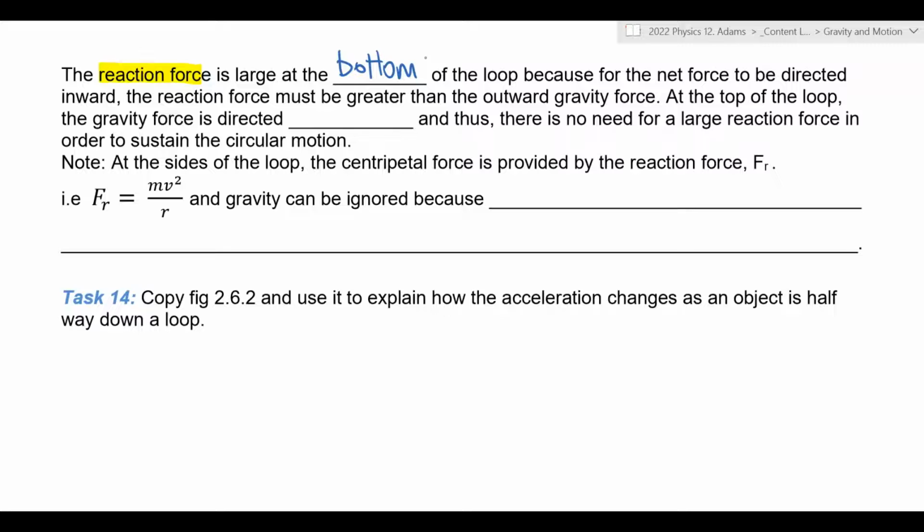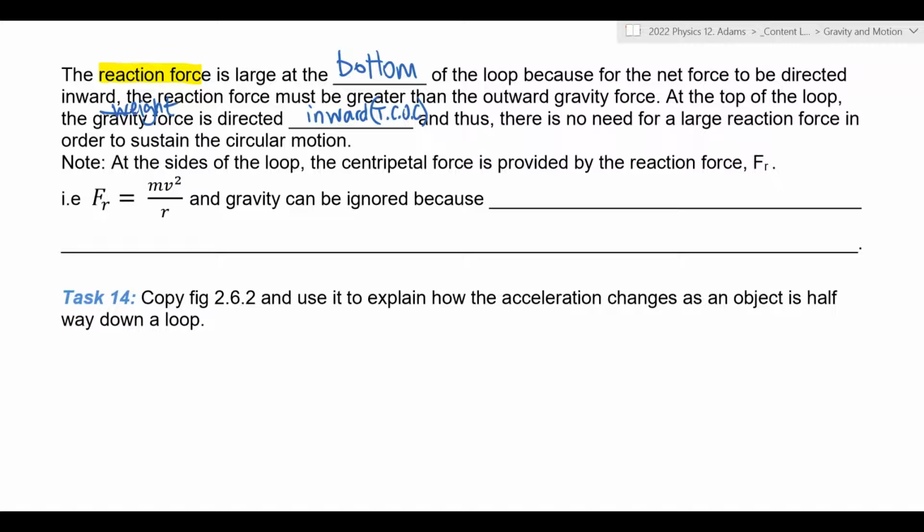It's the sum of gravity, your weight force, and your centripetal. At the top of the loop, though, the weight force is directed inwards, towards the center of the circle. And thus, there's no need for a large reaction force in order to sustain the circular motion.